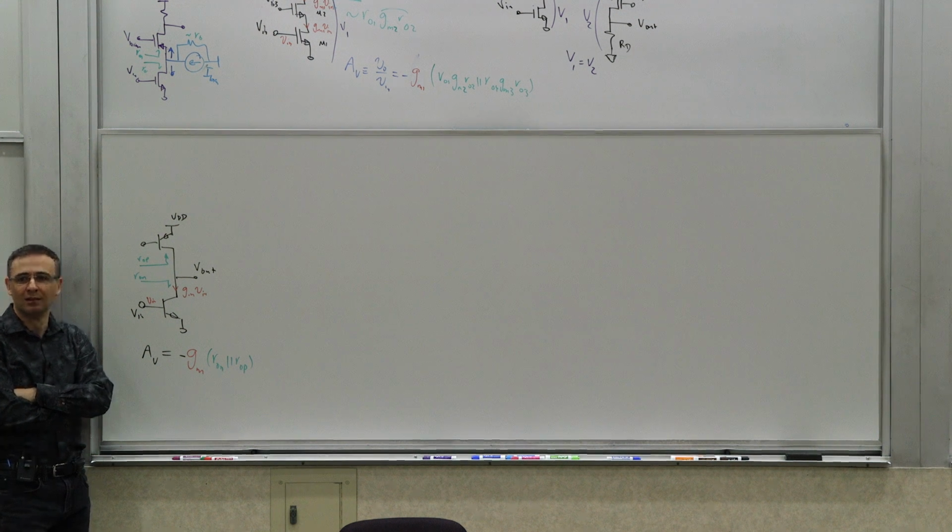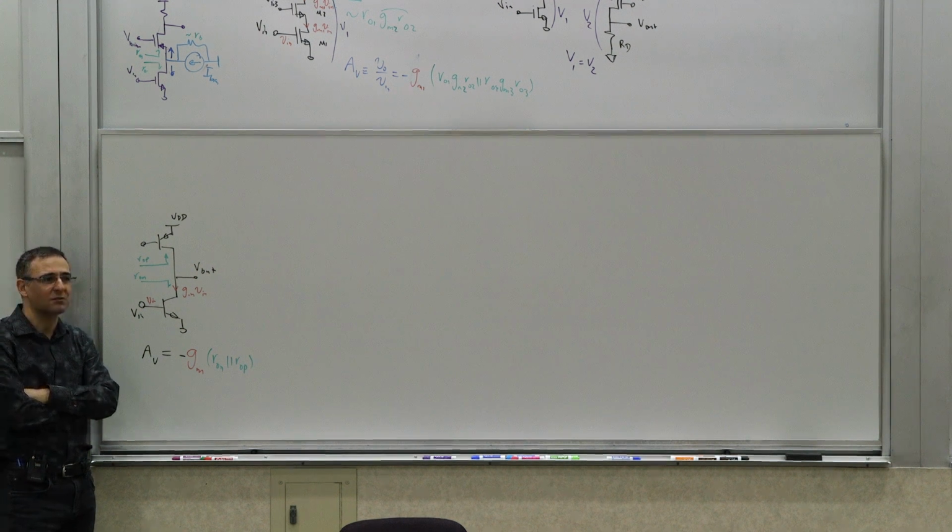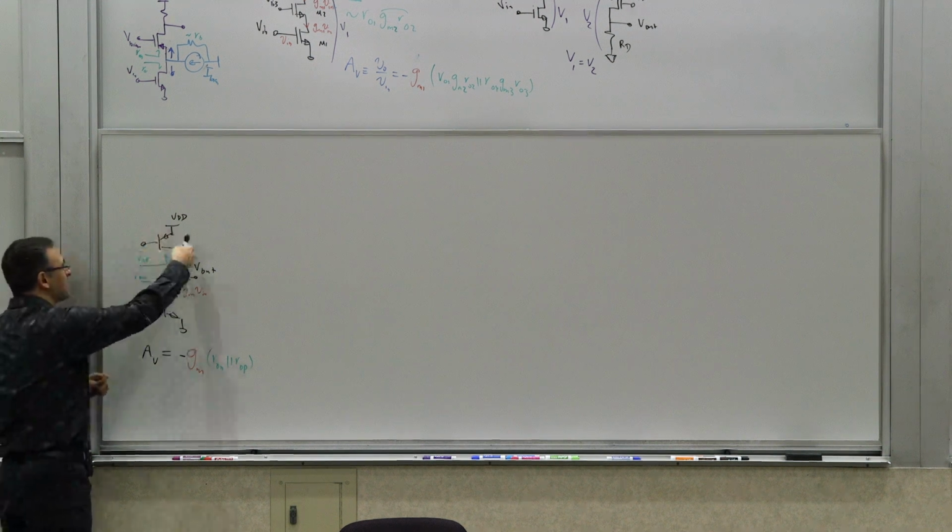Are we done? Let's say we are in a BiCMOS process. Can you think of a solution? If you could mix bipolars and CMOS transistors, can you think of a stage that would give you something reasonable in terms of gain? What did we use this PNP for?